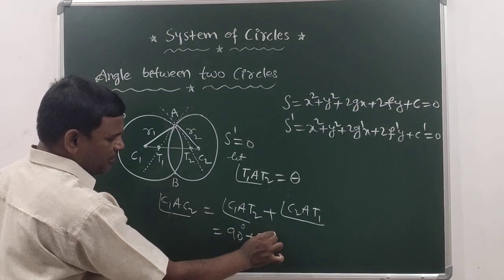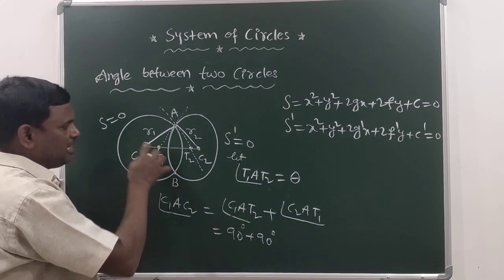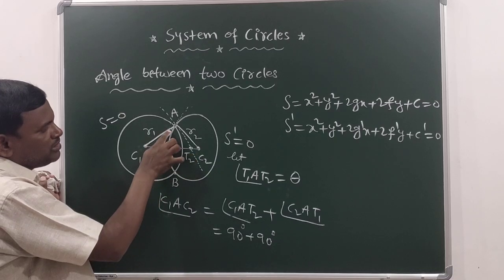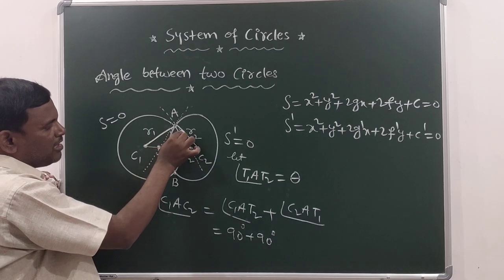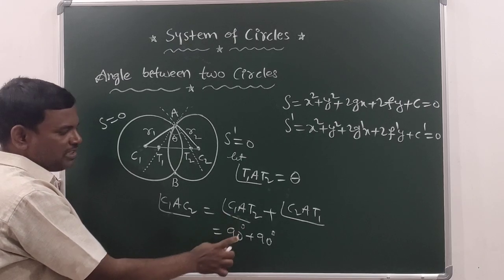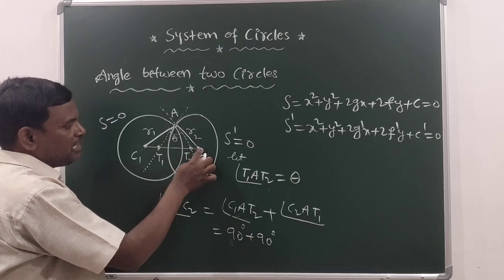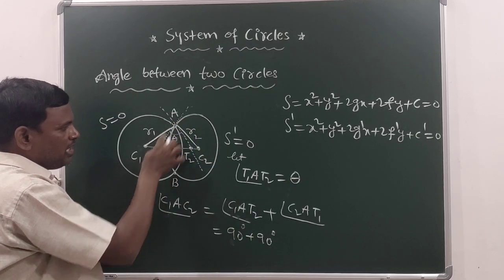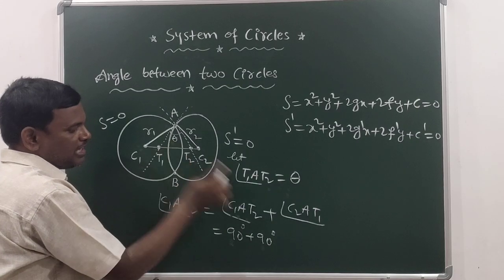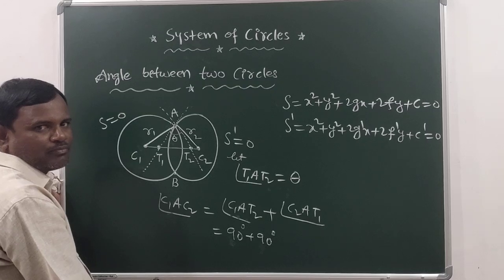90 plus 90. Observe carefully students, while measuring this angle C1 A T2, this theta, the angle between the tangents, is included in this 90 degrees. This theta is some part. So while measuring C2 A T1 also, this theta is included. This theta is included in this also. But we need to consider it only one time.